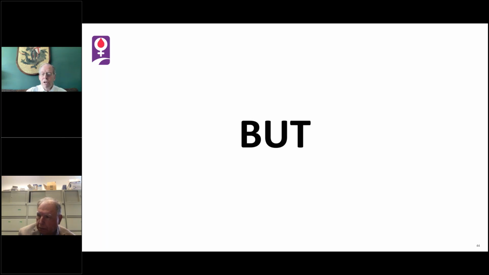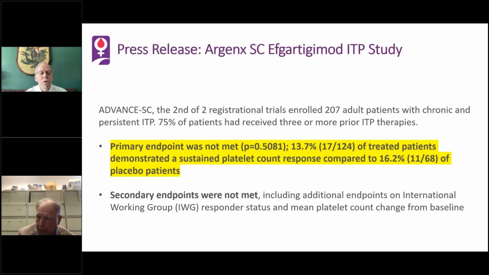Huge but. So, hey, so why wasn't this licensed for ITP? That was a phase 3 study. It was followed up by a subcutaneous study, and it was believed that the subcutaneous study would be just as good. And this was going to be a registrational trial.